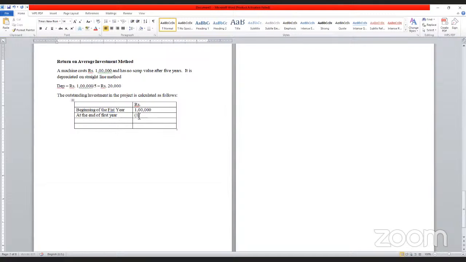So at the end of first year, you need to deduct this depreciation also. Now at the end of first year, what will be the amount? Amount will be rupees 80,000.